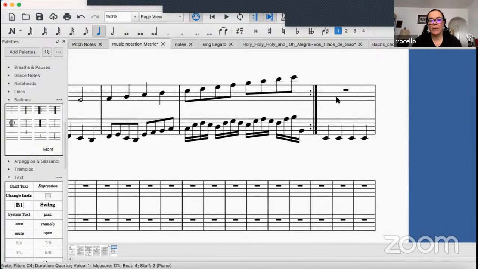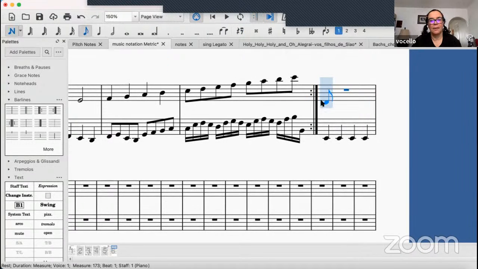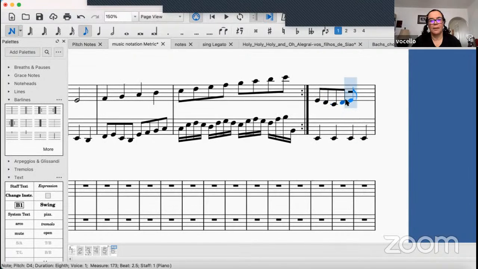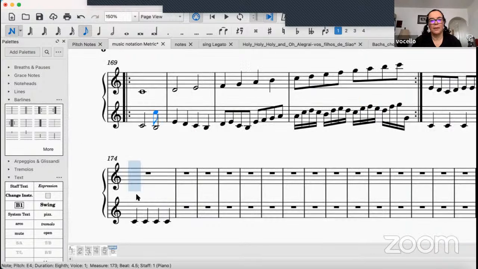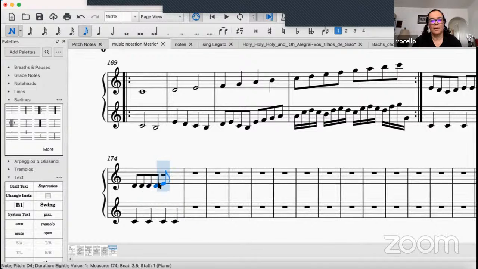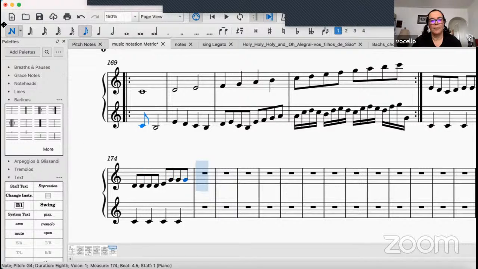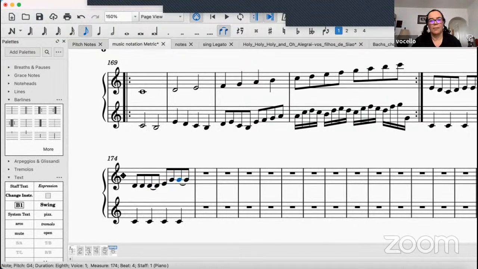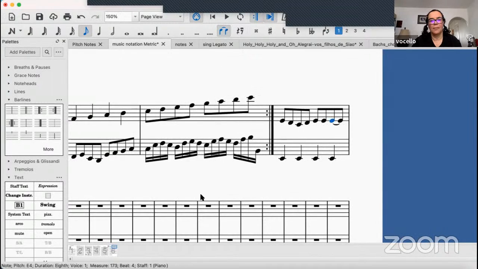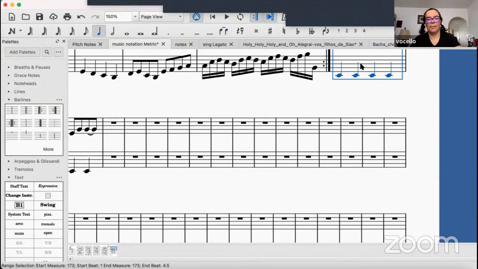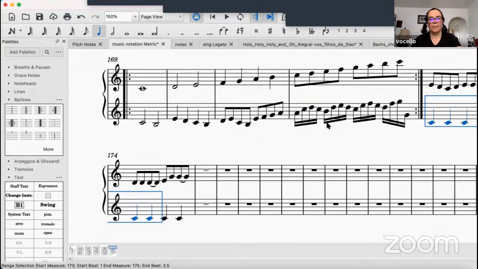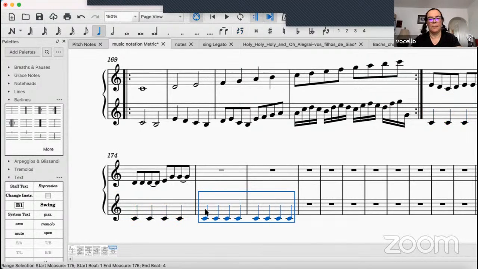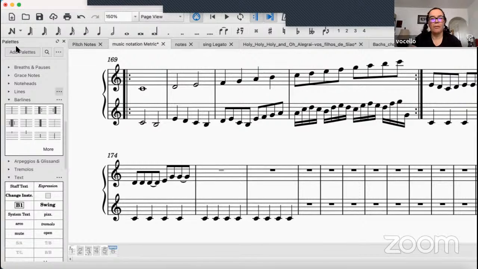One quarter note is equal to 2 eighth notes. And one quarter note is equal to 4 16th notes.